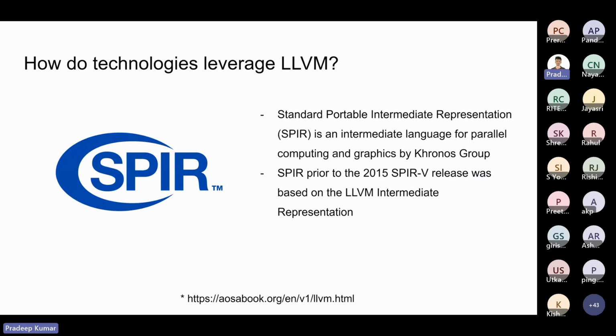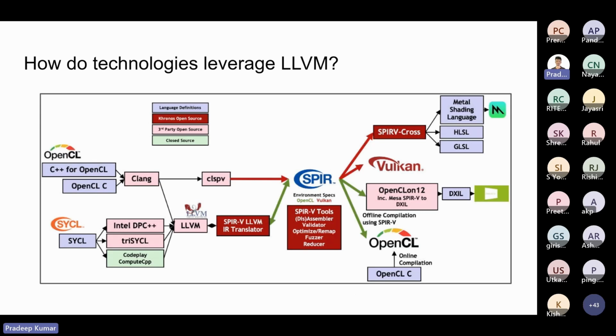I'll give you an overview of the whole SPIR OpenCL ecosystem. This is a whole suite of compilers and representations that the Khronos Group defines. There is OpenCL C, the compute language, and there is SYCL, which is a more modern C++ implementation, also based on all these tools that revolve around SPIR as the intermediate representation, which is also based on LLVM.